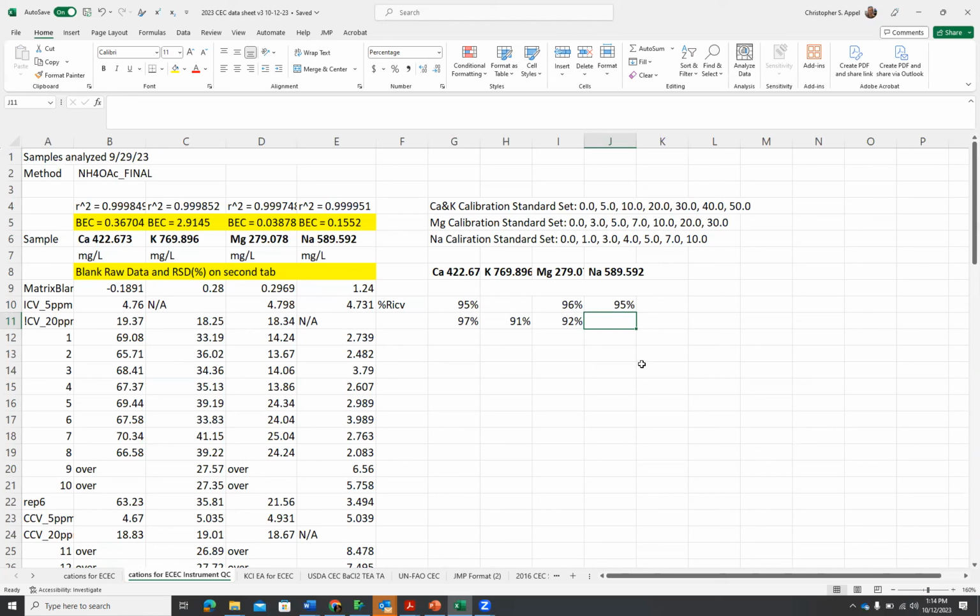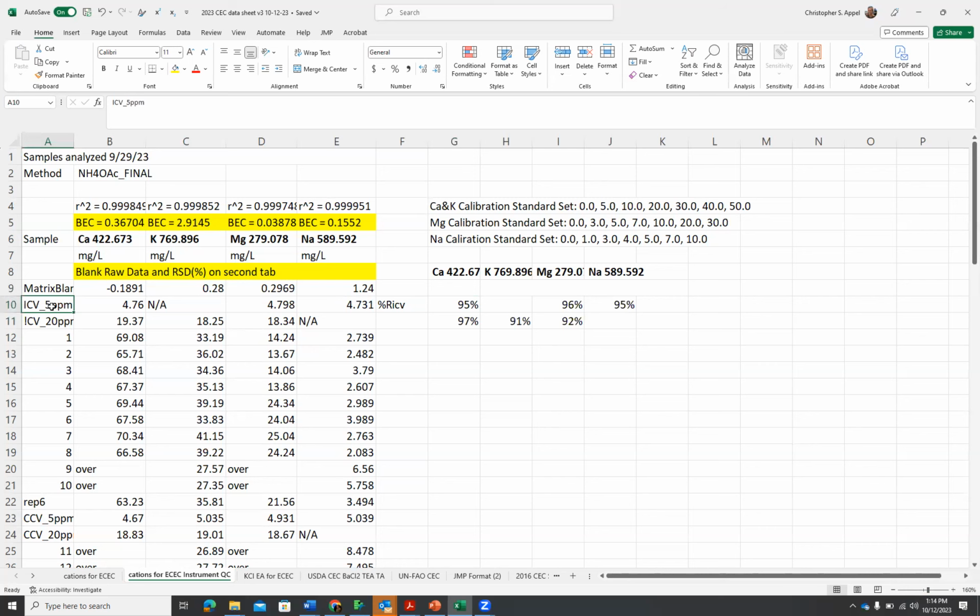So sorry, the measured is for 5 parts per million? So the known is here, 5 or 20. So we have 2 ICVs. That's all. What is the measured? Measured is 4.76, NA, 4.798, 4.731. Oh, so the known is the matrix.